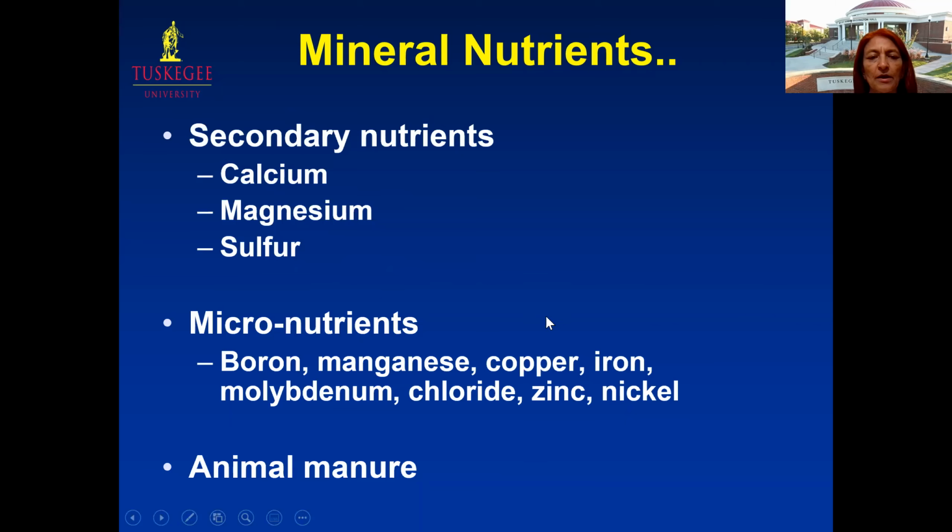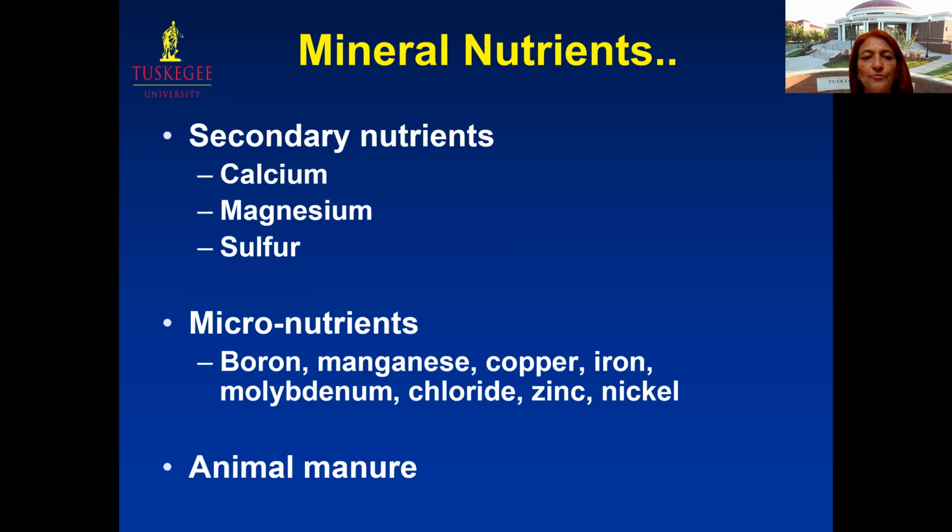Micronutrients are those which are required in very small amounts, but still they are necessary for different functions of plants. Usually when you do the soil test, only the three macronutrients are tested and recommended for the pasture soil, unless we request more.